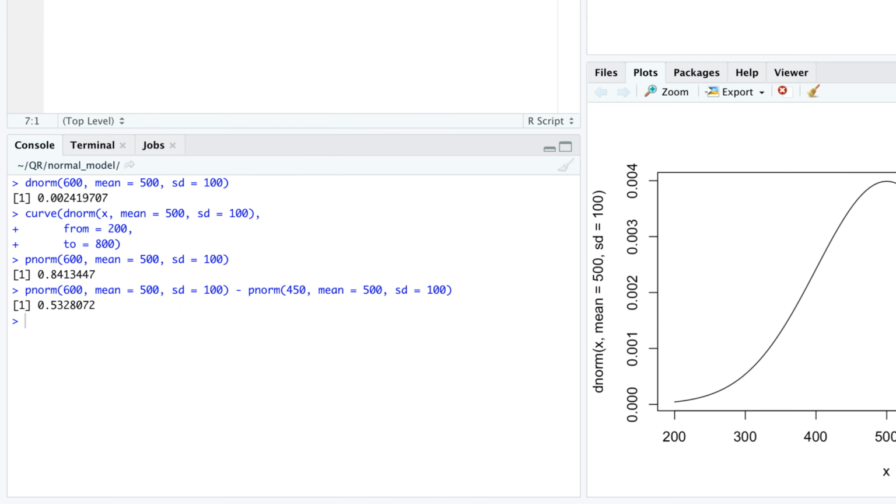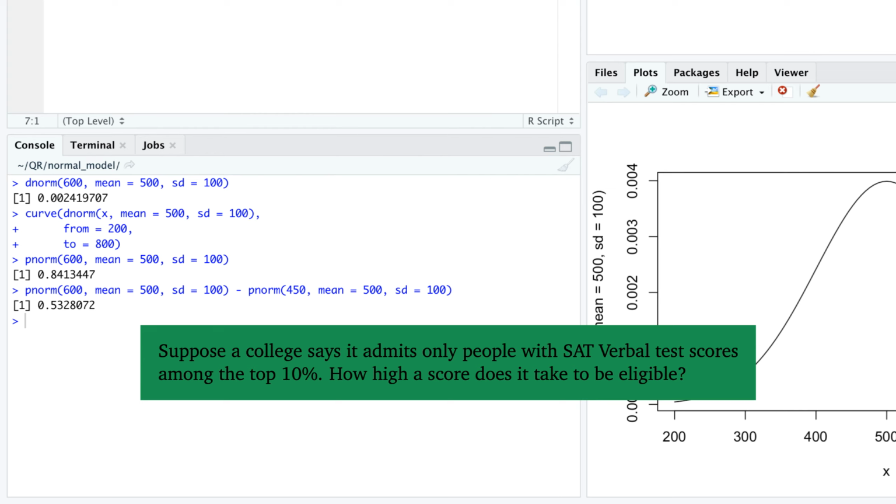Thanks to pnorm, we can find the fraction of data points below a given score, but sometimes we want to do the opposite. Given a quantile, we want to know which minimum score we need to achieve. We can find the answer with qnorm. Consider this example from our textbook, page 141. Suppose a college says it admits only people with SAT verbal test scores among the top 10%.